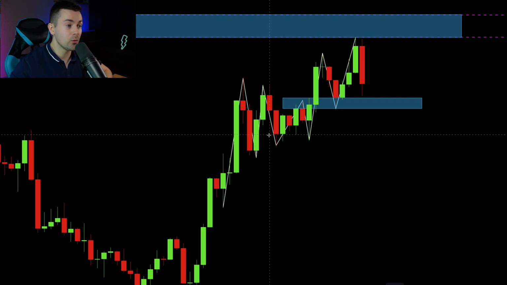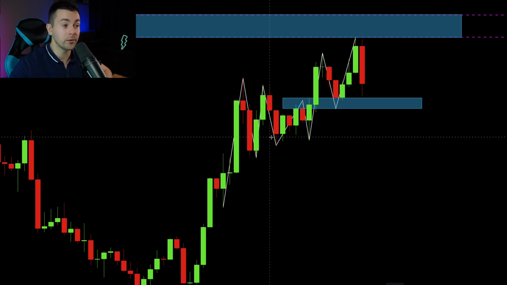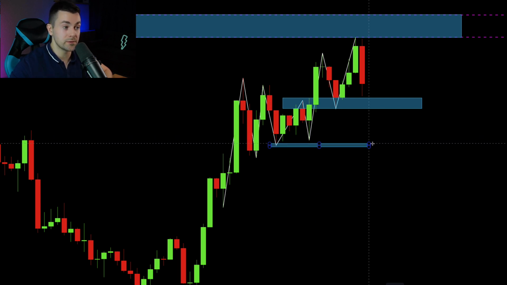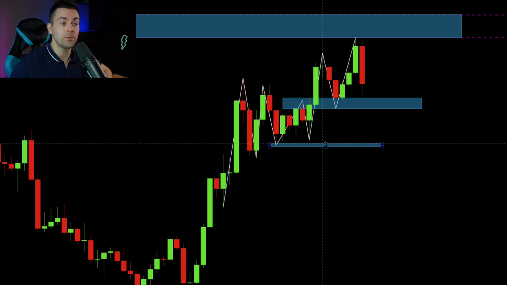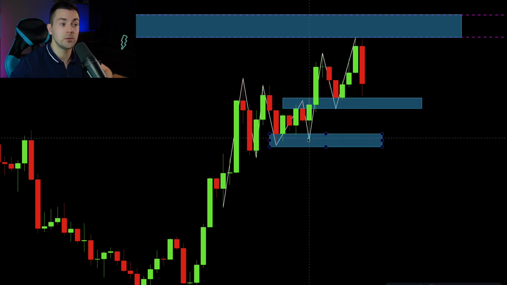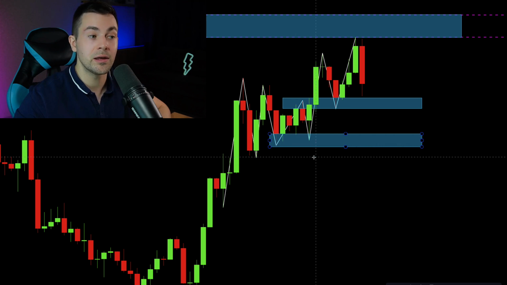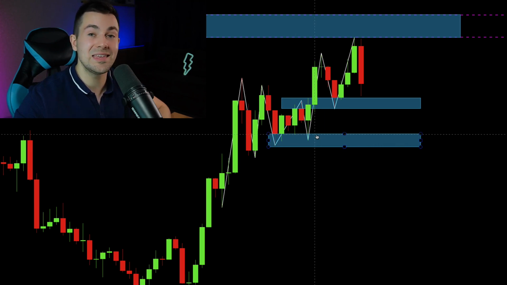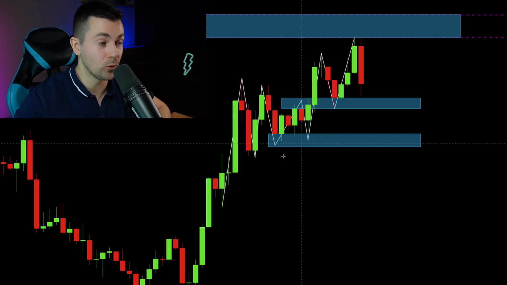So here is our second support. It is the demand zone, and the demand zone here is based on two supports. So you can see that here we got our support and here we got our support. So when we draw the demand zone, we simply unite multiple structures in one, right? So that is the area that will be the second important horizontal key support.